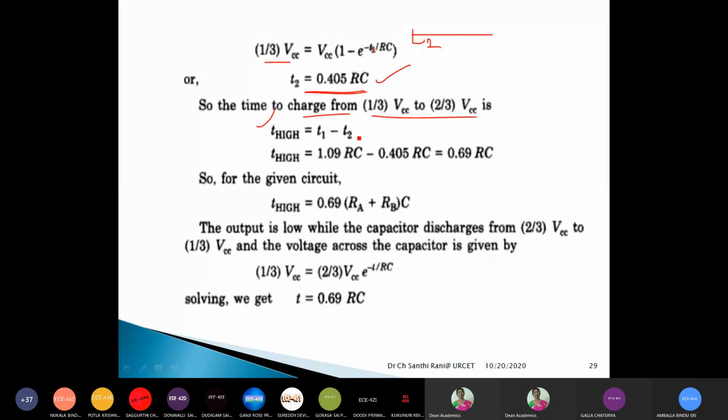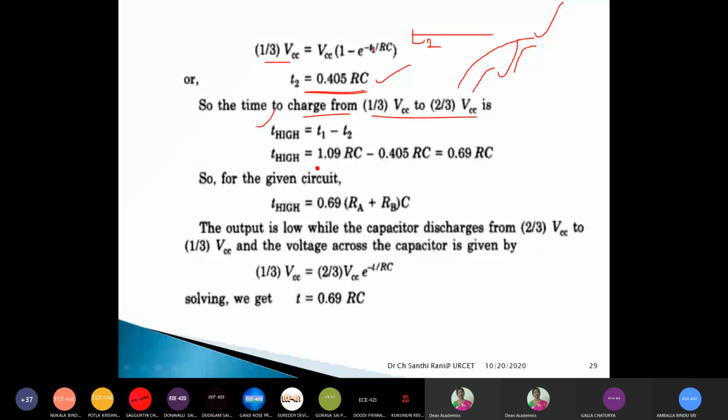So T high is equal to what? T1 minus T2. T1 is the time taken to charge up to 2/3 VCC, and T2 is the time taken to charge up to 1/3 VCC. So T1 minus T2 shows how much time it takes from 1/3 VCC to 2/3 VCC.